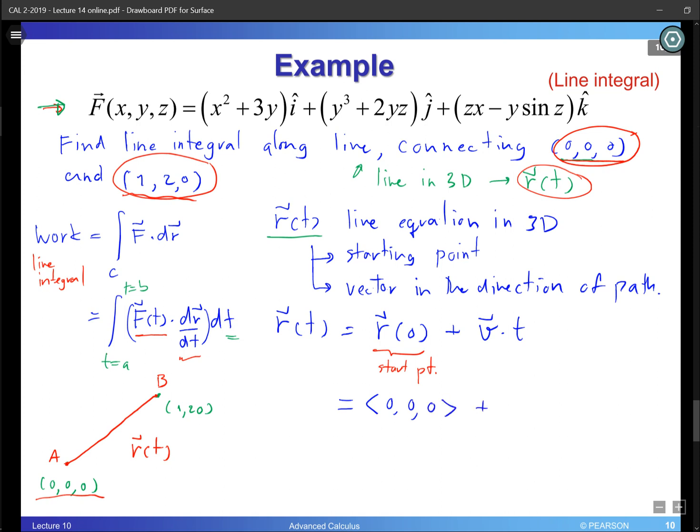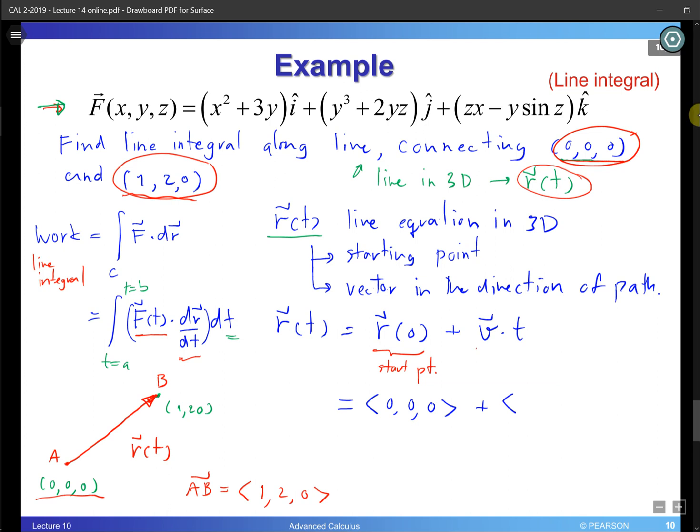And now we need the vector in this direction that moves from A to B. So vector AB right here is going to be equal to 1 minus 0, 2 minus 0, and 0 minus 0. So we have this vector V.